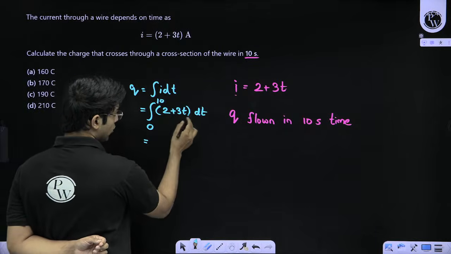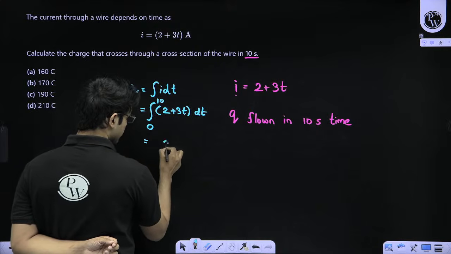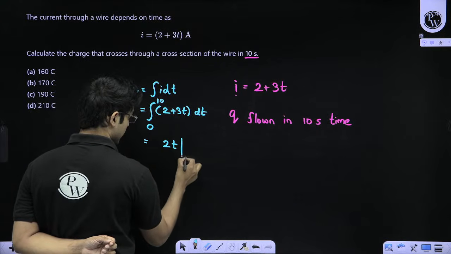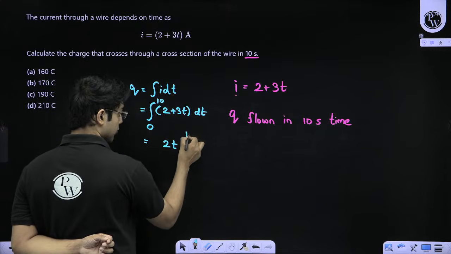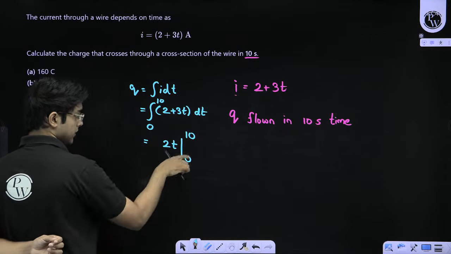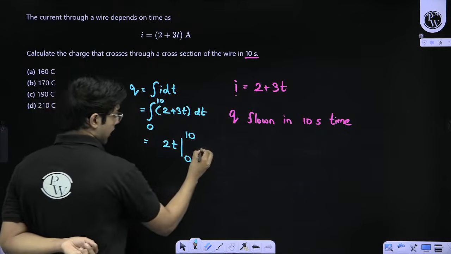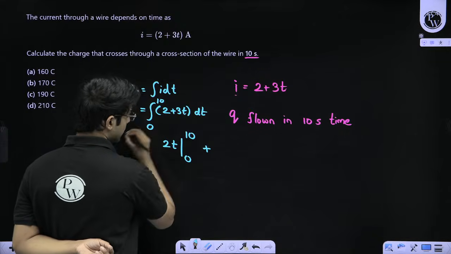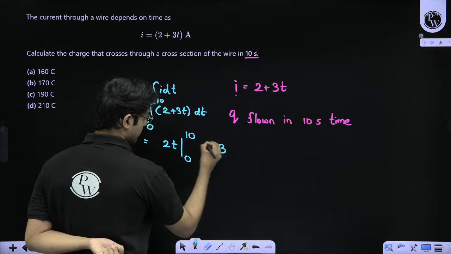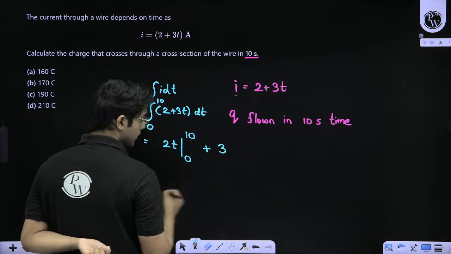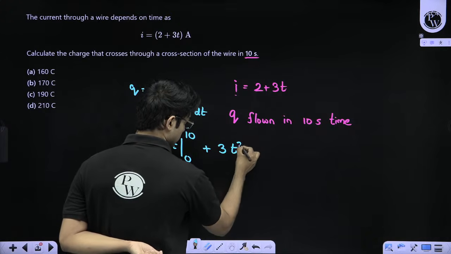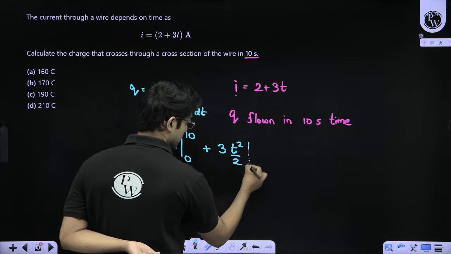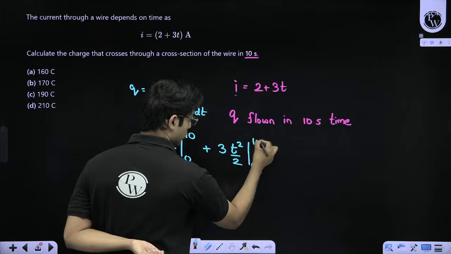Now 2 dt will be 2t once you integrate it, and you will have to put the limits. Lower limit is 0, upper limit is 10. And if you integrate 3t, the 3 you can take outside, and the integration of t will be t square by 2. Once again the limits will be from 0 to 10 seconds.